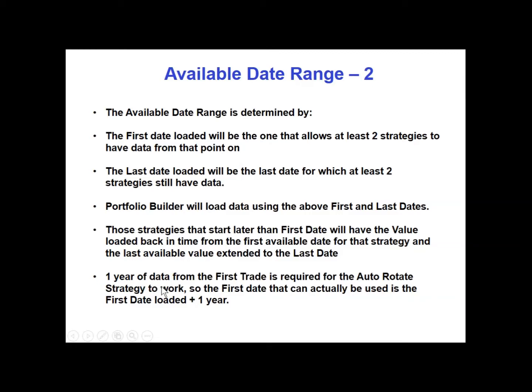Now, this is important too. There's 1 year of data from the first trade in order for this auto-rotate strategy to work, because we're using momentum. Momentum means I'm looking back in time, so I have to have data there to look back. Can you vary the time?